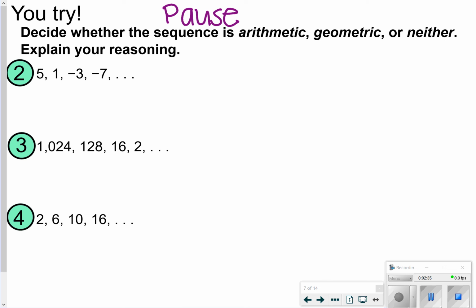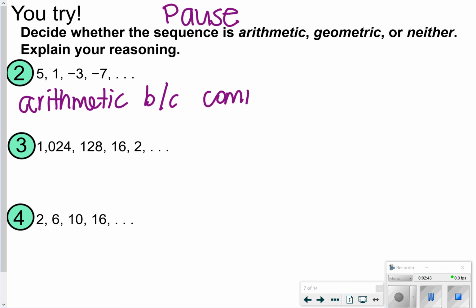Alright, so number 2 you should have said is arithmetic, because your common difference is -4. Let's write diff for difference. As long as you're adding the same number or subtracting the same number, that's going to represent an arithmetic sequence.